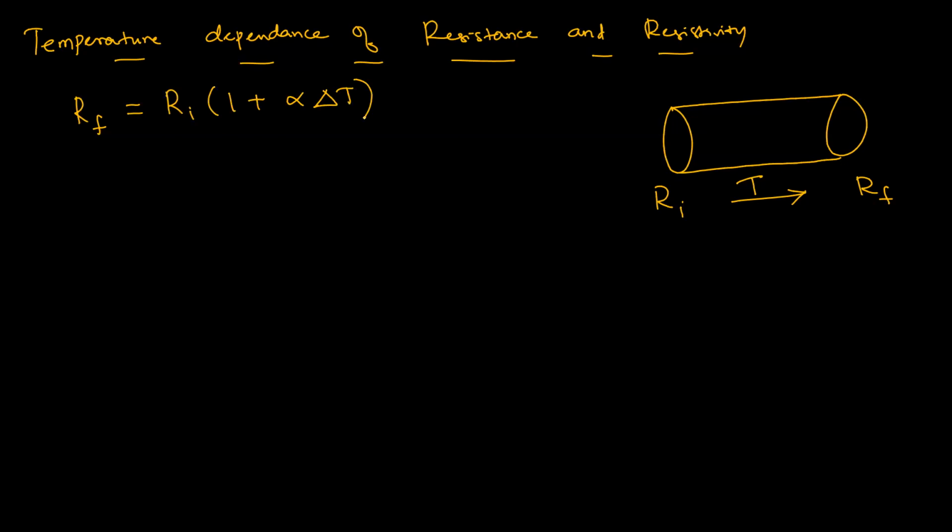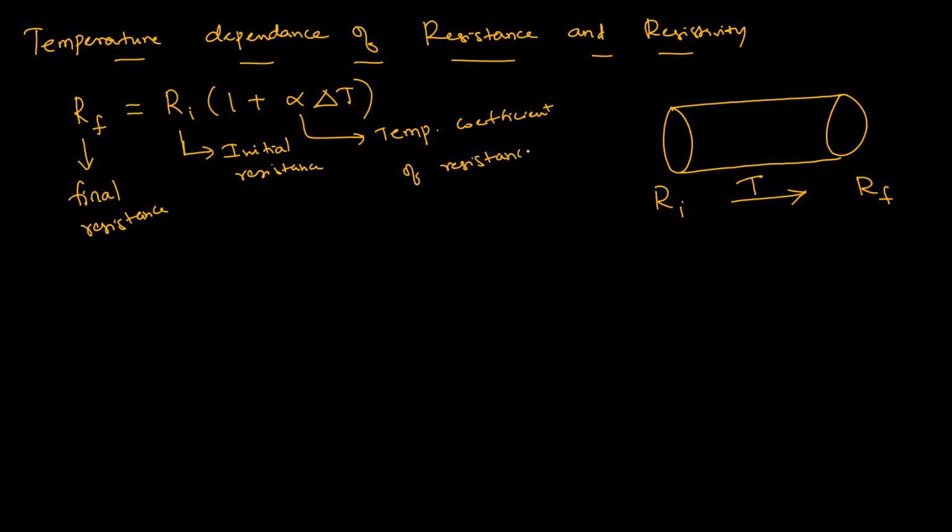So R final is equal to R initial into 1 plus alpha into delta T, where R final is the final resistance, R initial is the initial resistance, alpha is the temperature coefficient of resistance, and delta T is the change in temperature.